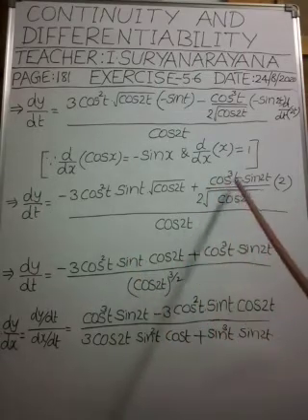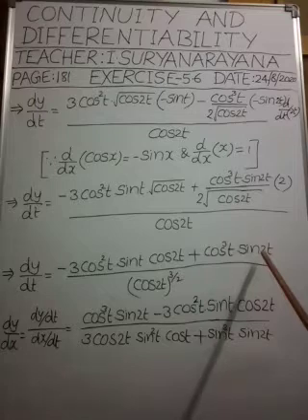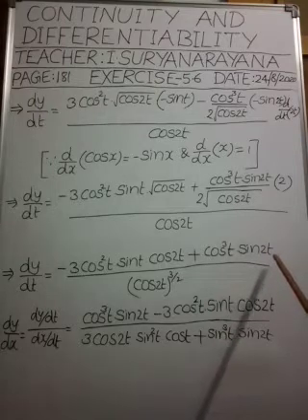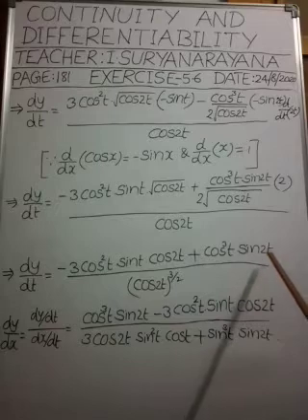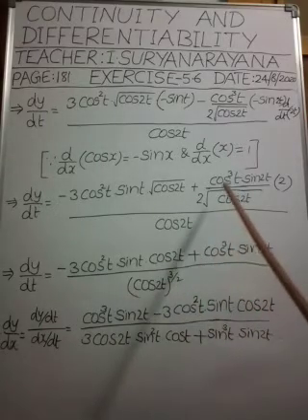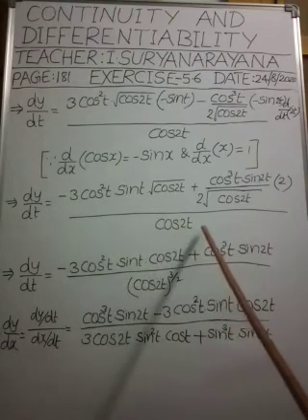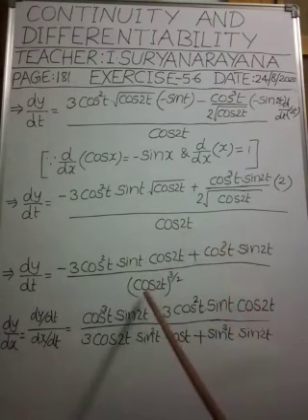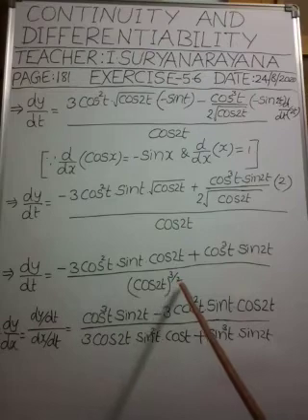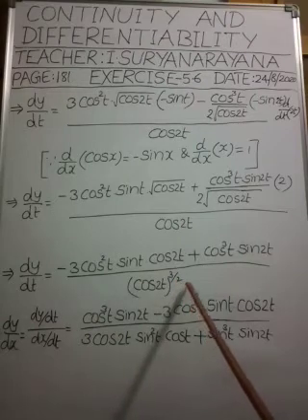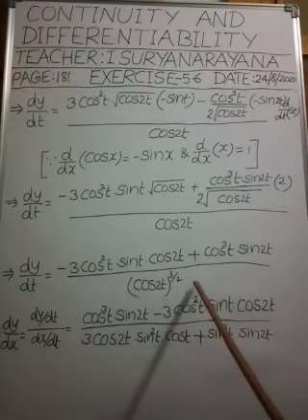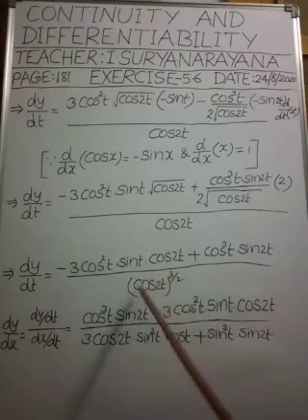Plus cos cube t sin 2t. Understood this second term in the numerator part? Right. Whole divided by, it comes into the denominator, and root cos 2t into root cos 2t. What will you get here? In the denominator cos 2t whole power 3 by 2. We have done that part in the case of dx by dt. Understood this part, my children?